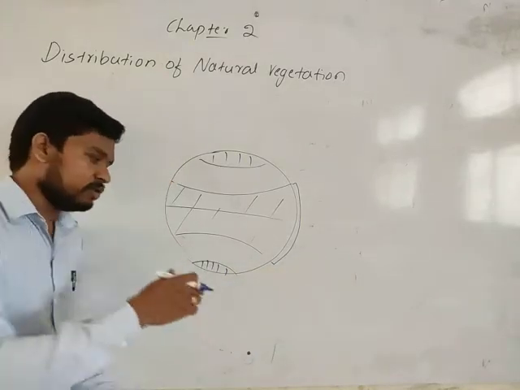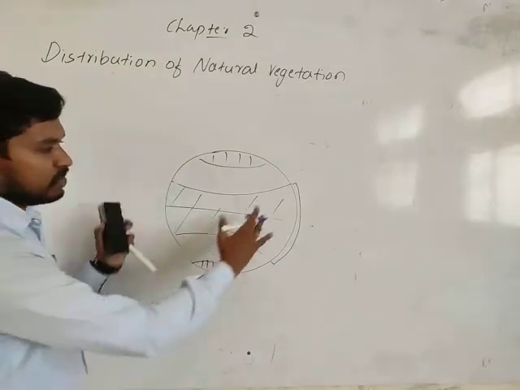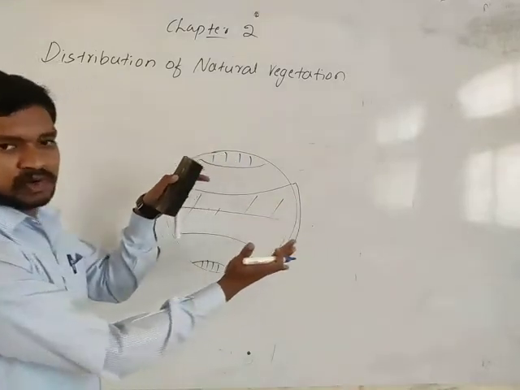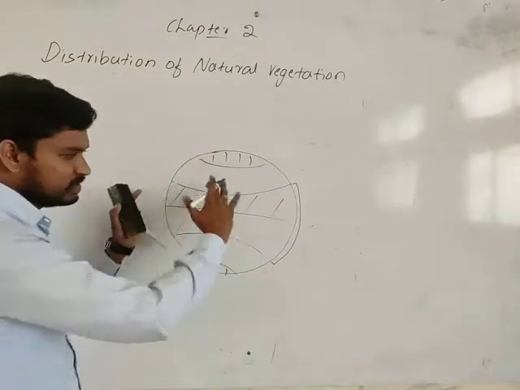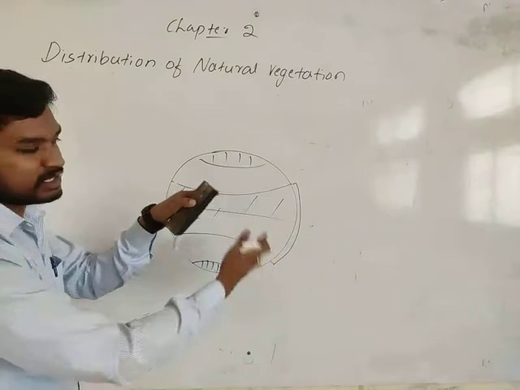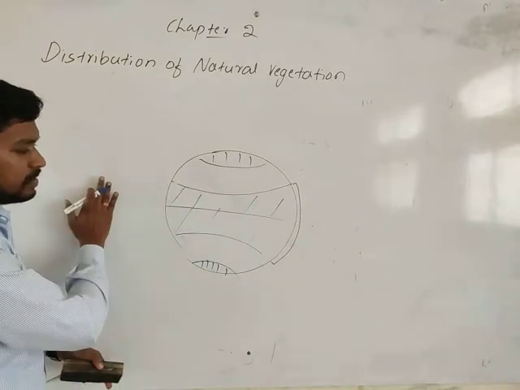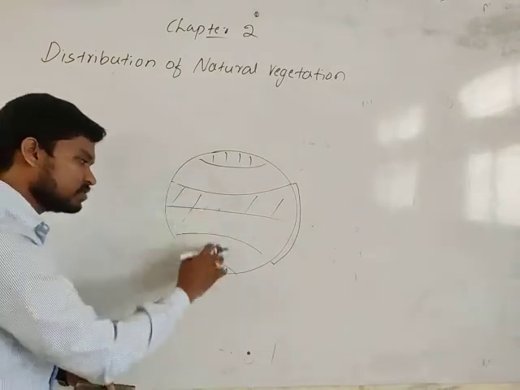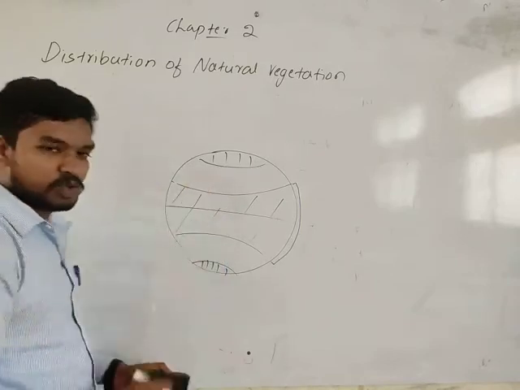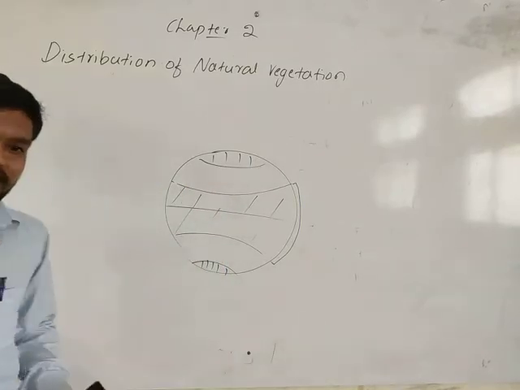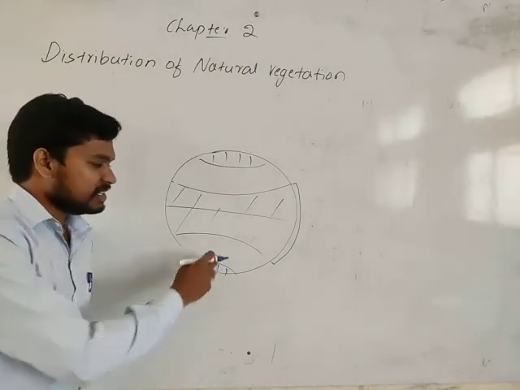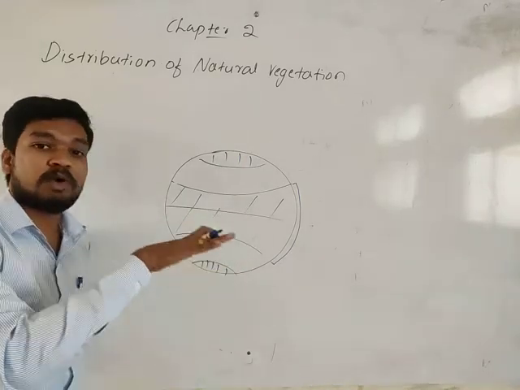This slant sunlight falls on this area because our earth is tilted at 23.5 degrees. So the sunlight does not fall directly on these 2 zones every day of the year, and that's the reason they receive somewhat moderate temperature.